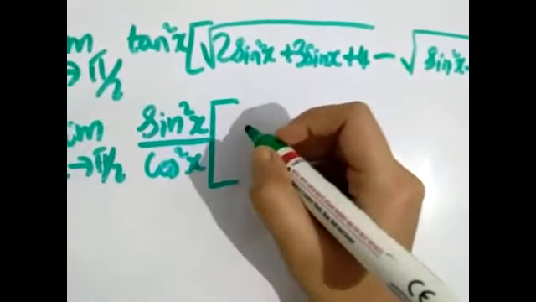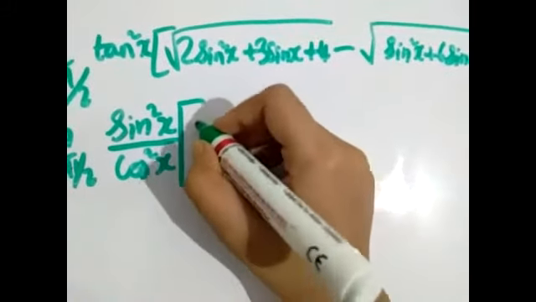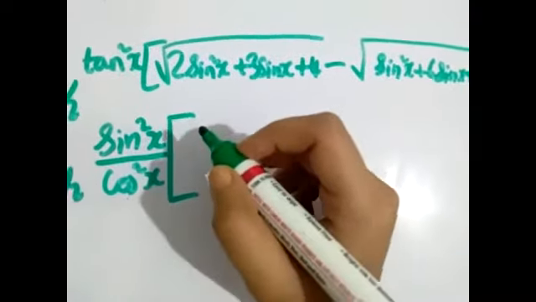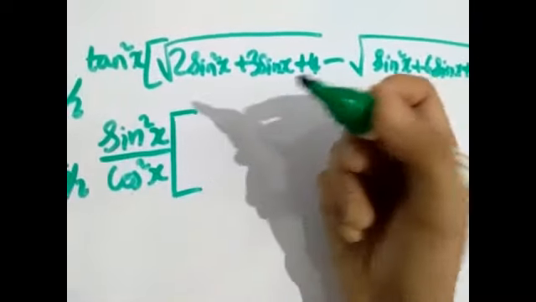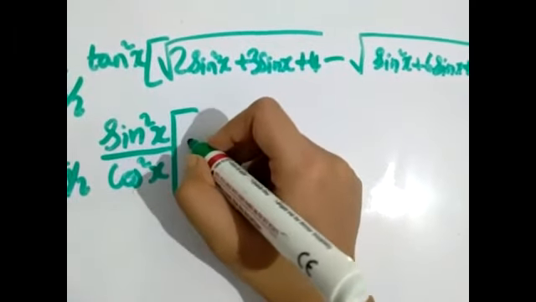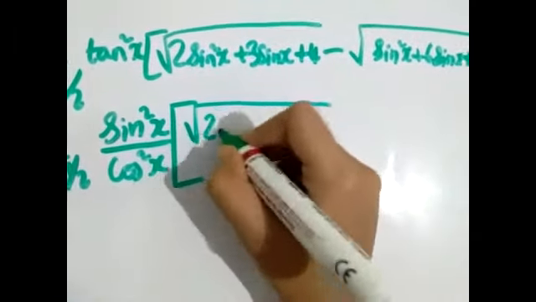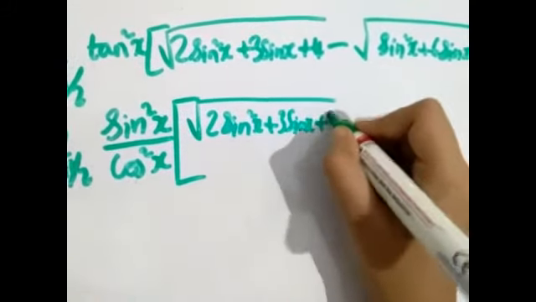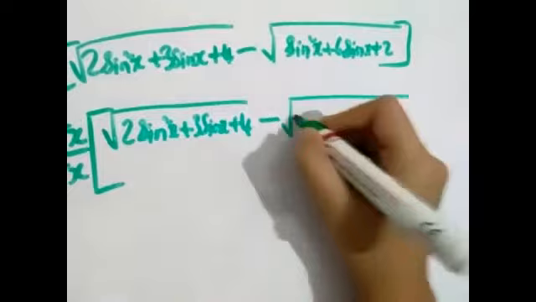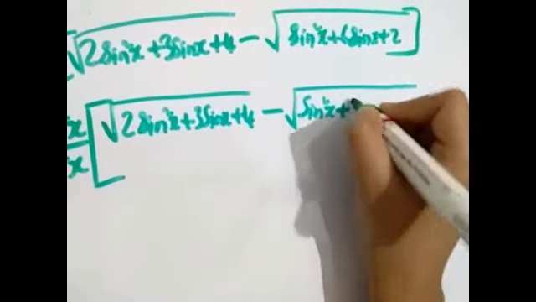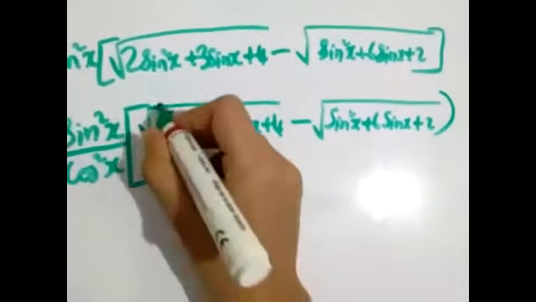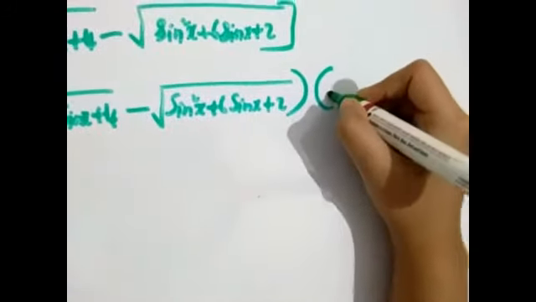And inside the bracket, what I'll do is I'll multiply and divide by the numerator. So when I multiply and divide the numerator and denominator with the numerator, I'll get, I'll just write the step, 2 sine square x plus 3 sine x plus 4 minus sine square x plus 6 sine x plus 2, multiplied by the same thing.